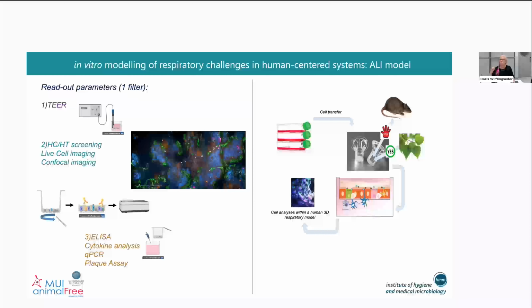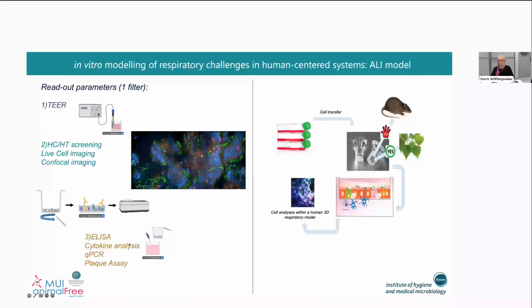And whenever you infect it, for example, with SARS-CoV-2, the epithelium gets destroyed, you get holes, and therefore the TEER value drops. Then we do lots of live cell imaging analysis, and we can also do live cell imaging to look at the mucociliary clearance.